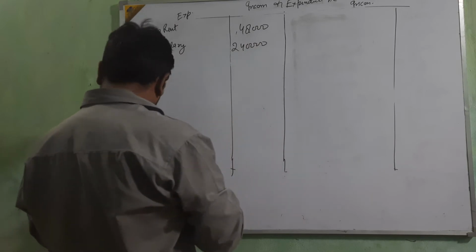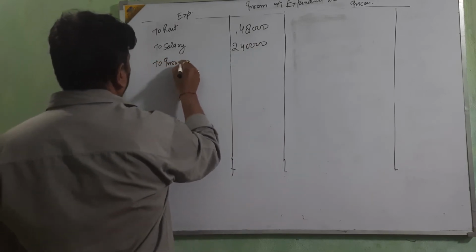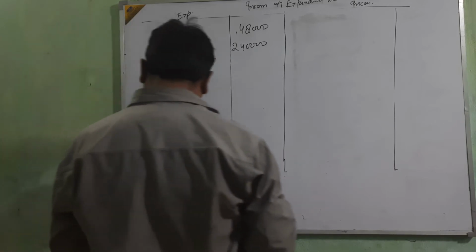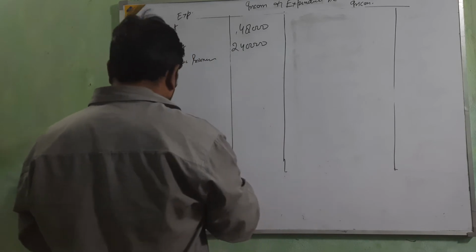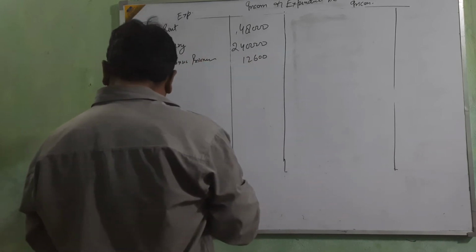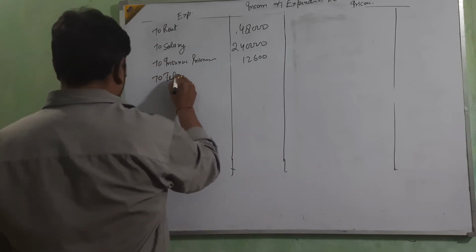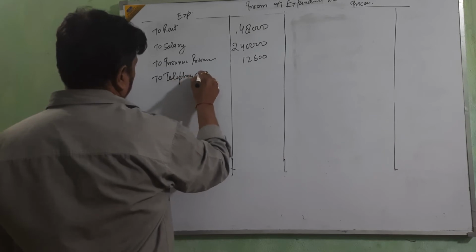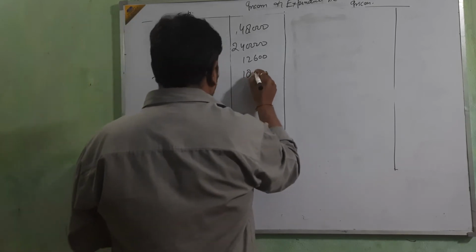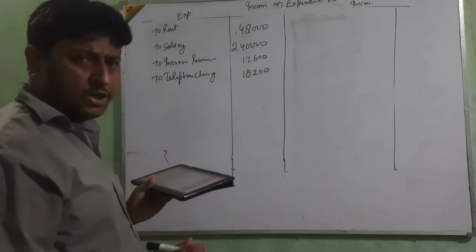Then insurance premium amount is 12,600. Then telephone charge, and that amount is 18,200. All the expense we are going to put.